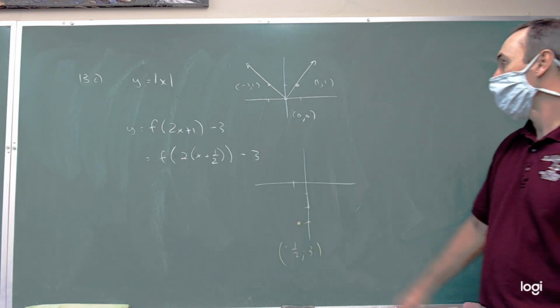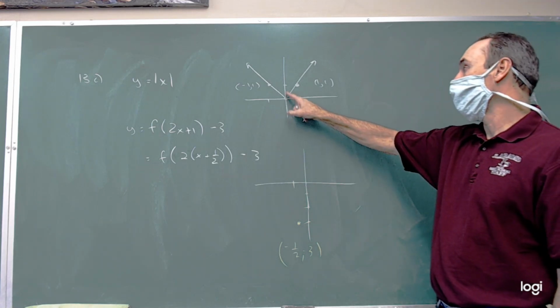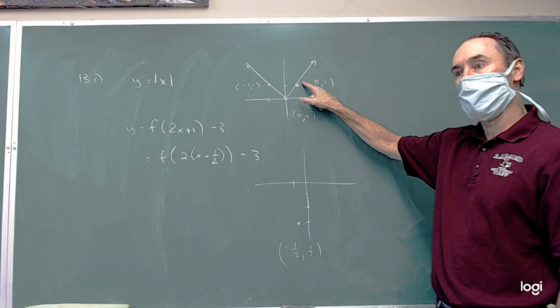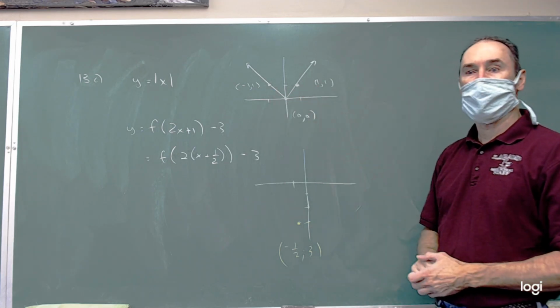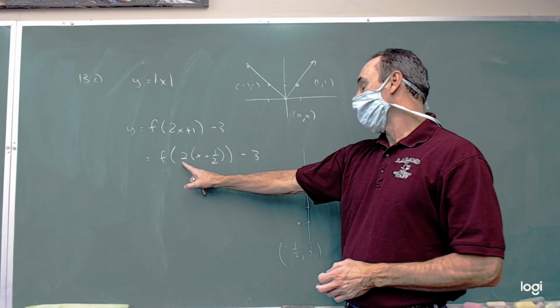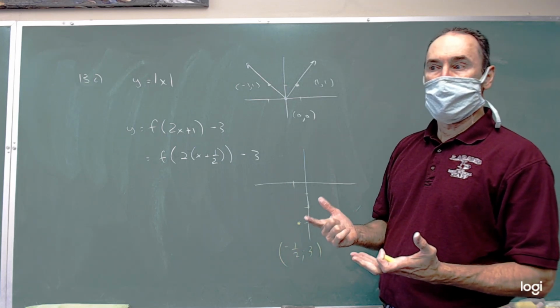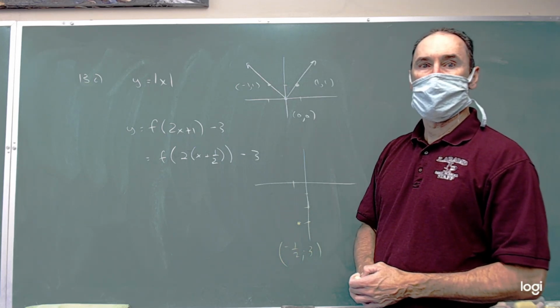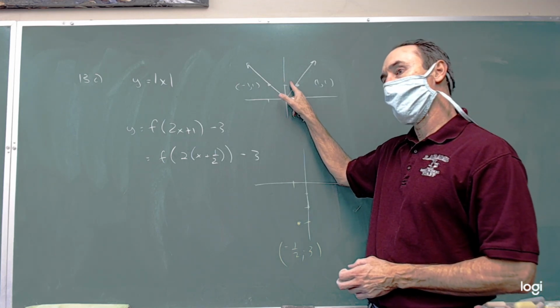Now, without any stretches or shrinks, we would just go up 1 over 1 from that point and get a second point, and we could go up 1 and left 1 and get another point. But here, is this a horizontal stretch or shrink? Shrink. We're going to go up 1 and over a half.